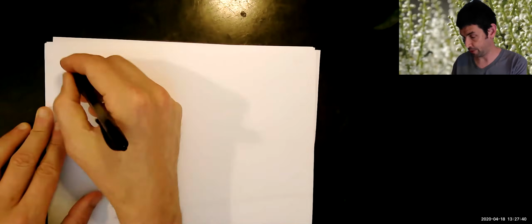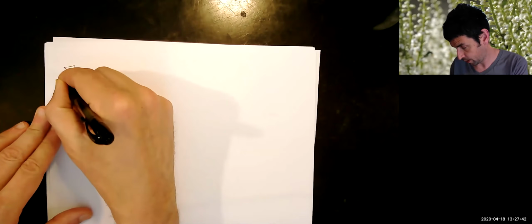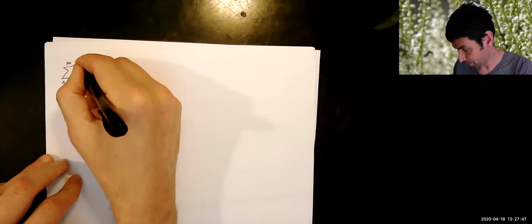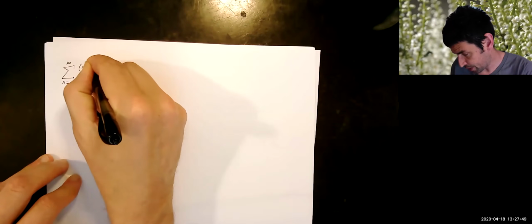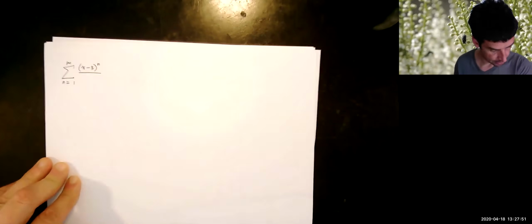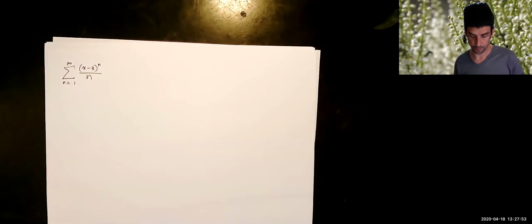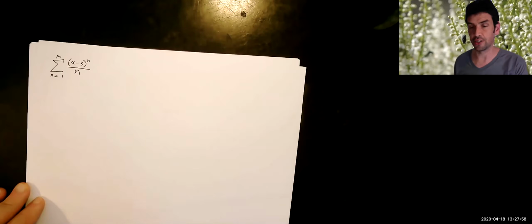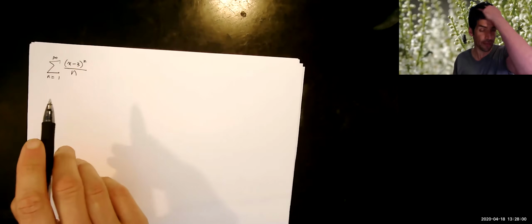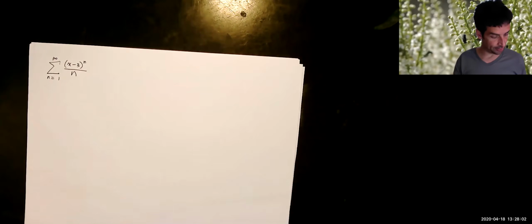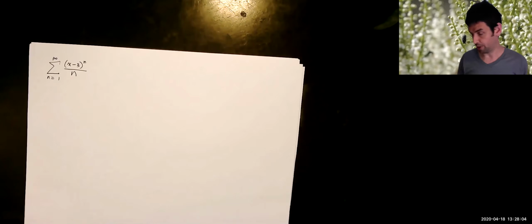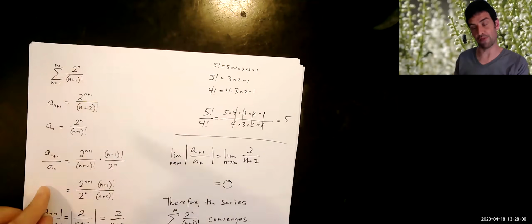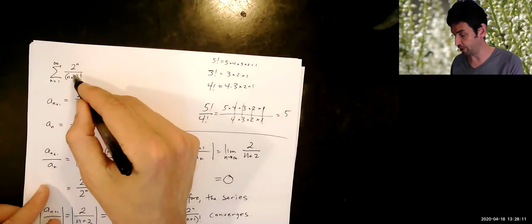Here's the series I want to take a look at: n equals 1 to infinity of x minus 3 to the n over n. We haven't really seen too much like this yet, but think about what I'm saying here. We're becoming comfortable with the idea that this is a sum.